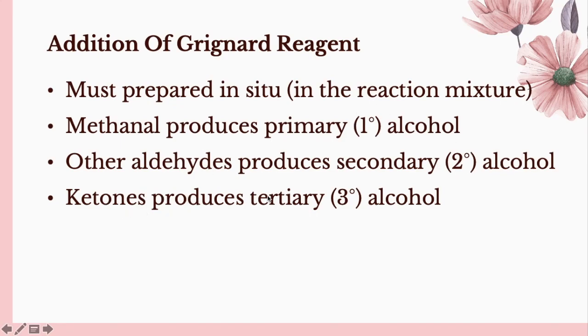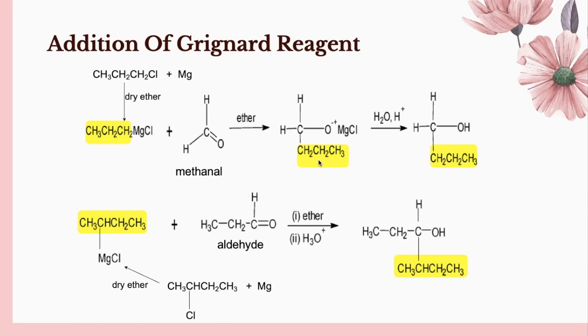Ketones produce tertiary alcohol. That's for addition of Grignard reagent. First we have to make the Grignard reagent. Haloalkane reacts with magnesium. This is the Grignard reagent. It reacts with methanal, aldehyde with one carbon only. It will become primary alcohol.